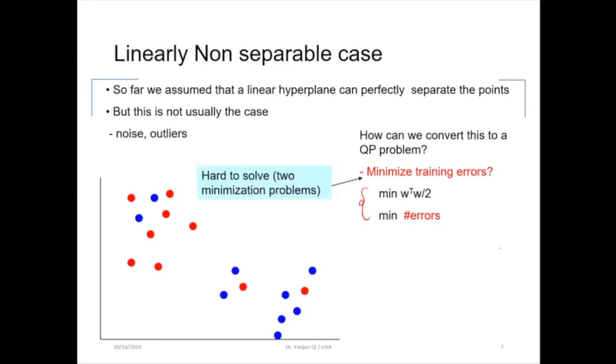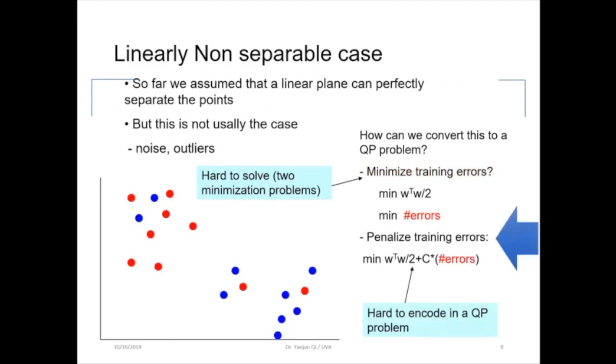In fact, this number of errors formulation is extremely difficult to optimize. It's not differentiable, and it's very hard to formulate into a differentiable function. That's actually for the next page. For now, I have two goals.